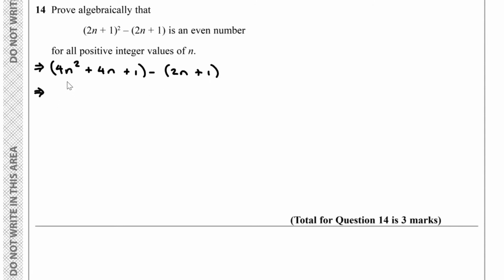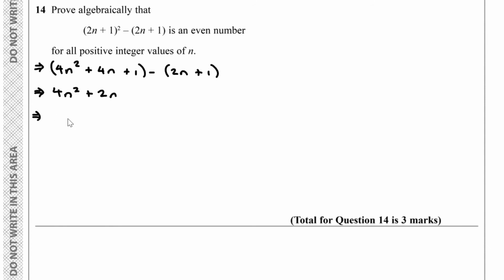So if we tidy this up, you can see here we have 4n squared, and then we've got 4n minus 2n, so that's positive 2n, and the plus 1 and the minus 1 cancel out.